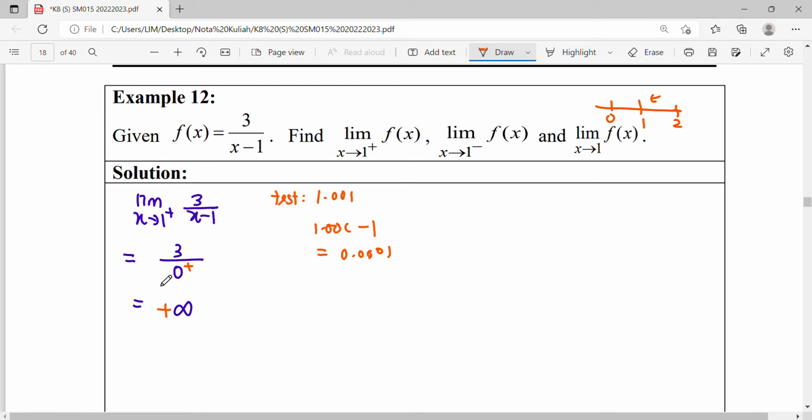Tapi menghampiri kosong tu daripada positif ke negatif. So maka kita kena nilai balik penghasilan daripada sini, x tolak 1. Kita boleh test nilai yang dekat-dekat dia lah. So 1 belah kanan kita test. Masukkan. Oh, kita nampak ni menghampiri kosong bersifat positif. Maka the whole fraction results in positive over positive, your answer will be positive infinity.